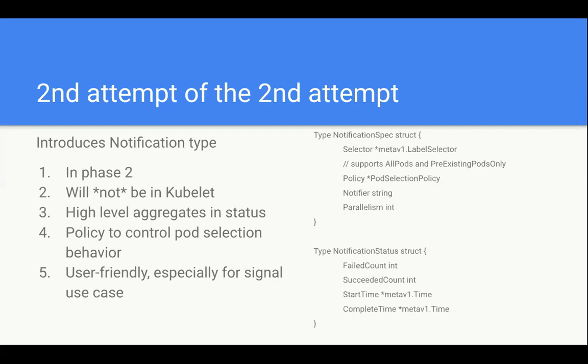If a new pod gets added, it will be claimed by the controller under the all pods policy, and a pod notification will be created for that pod. And the other policy is called pre-existing pods only.